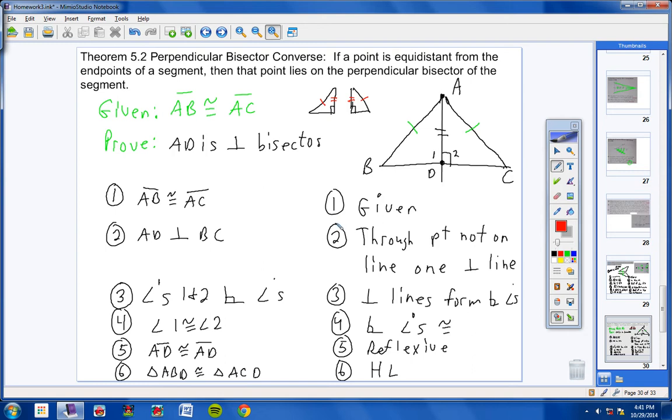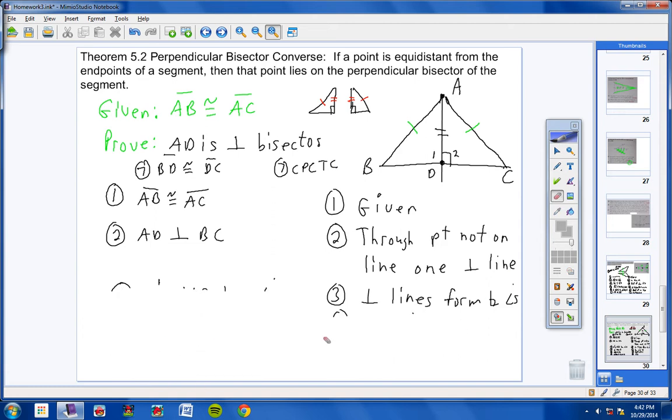Now that I've stated that the two triangles are congruent, then I can definitely state that BD is congruent to DC. Okay? And the reason would be CPCTC.